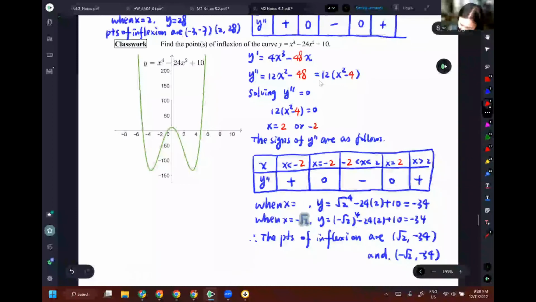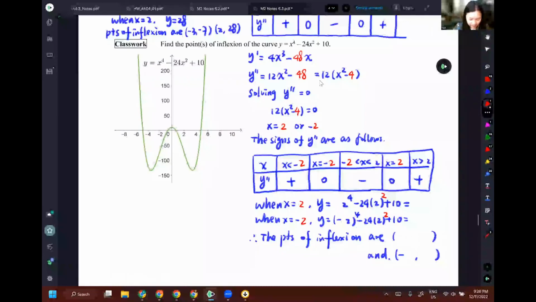And then 2, negative 2. Negative 70. 2, negative 70.